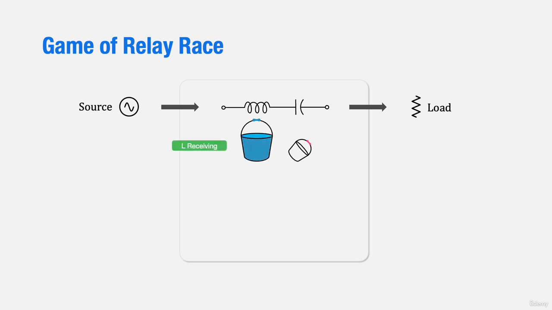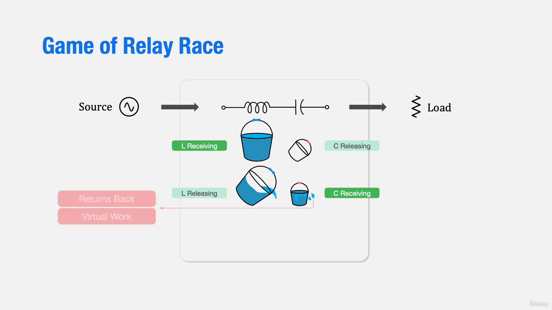During the first half cycle, the inductor receives energy while the capacitor discharges. In the next half cycle, the inductor begins to release its energy to the next capacitor, which simultaneously receives energy. However, since the inductor's bucket is larger than the capacitor's, the capacitor will eventually overflow.